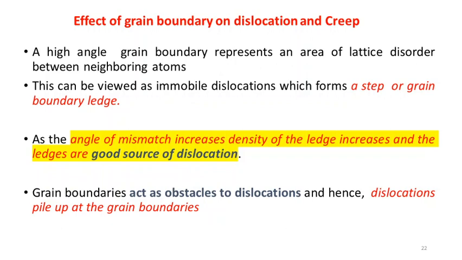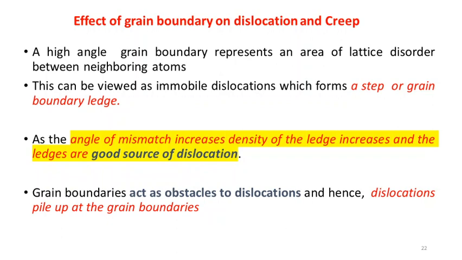Next is the effect of grain boundary on dislocation and creep. Dislocation means a defect or misorientation, which we will discuss in detail in the next module. Creep is another type of defect or deformation which takes place at higher temperature. Grain boundaries are regions inside the material where the strength is comparatively weaker, with weaker properties.